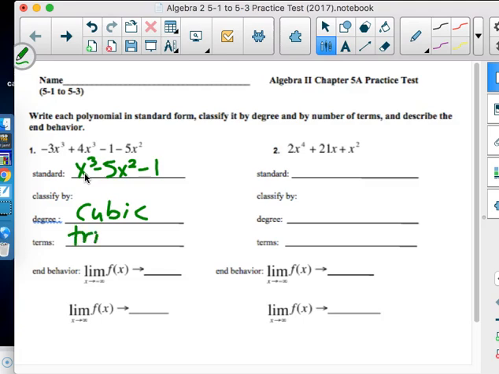This is a trinomial. Now, as we went through further and further into 5.1, then they started talking about end behavior. So we're supposed to look at this and say, it's a cubic, and it has a positive in front of it. Cubics with a positive in front have that S curve.